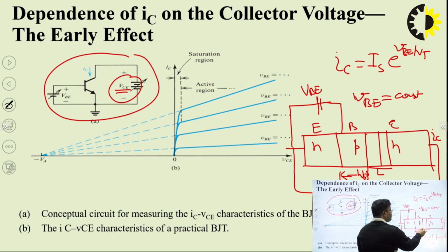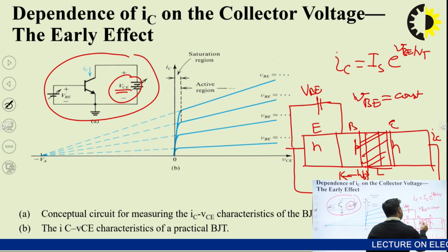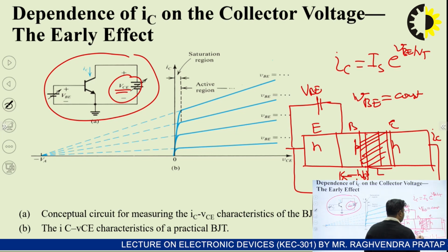If VC is increased, then this depletion width L will be increased more. With increasing L, WB will be shortened. Now this is WB minus L.